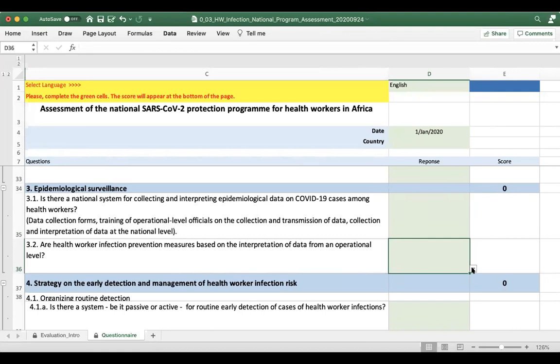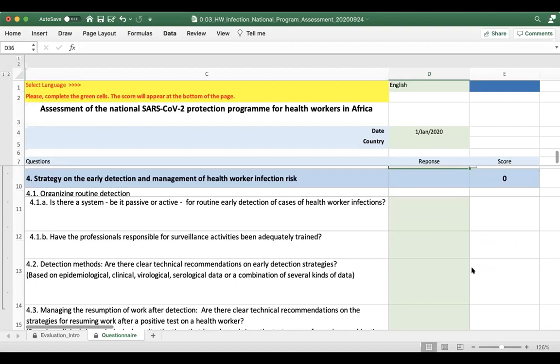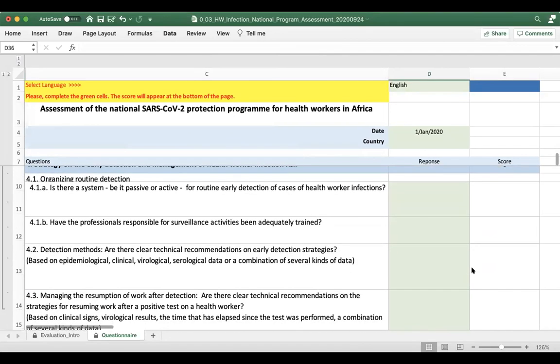After you have answered those questions, you would continue on to domain 4, which is looking at strategic mechanisms in place for the early detection of healthcare workers at risk of exposure. 4.1 specifically looks at organizational detection. 4.2 is asking you about specific detection mechanisms.